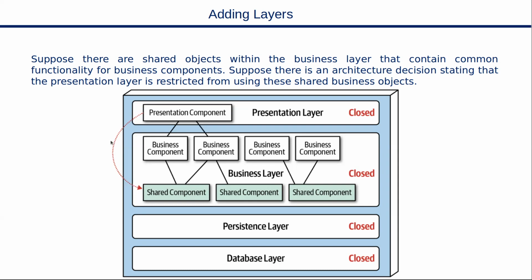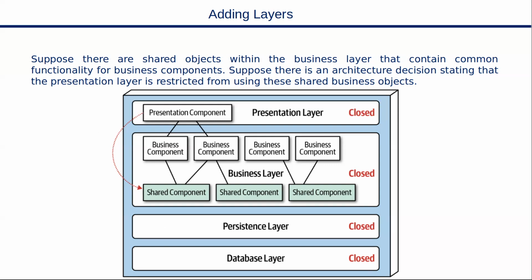This is the dotted red line. It shows that you want to get access to the shared components, but if you do this, you will break the statement that this layer is closed, and you have to go through all of the layers in sequential order.